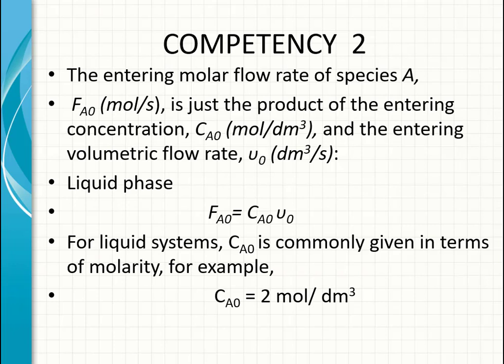In the liquid phase, Fa0 is equal to Ca0 times v0. For a liquid system, the concentration at the entrance, Ca0, is commonly given in terms of molarity. For example, Ca0 equal to 2 moles per liter.